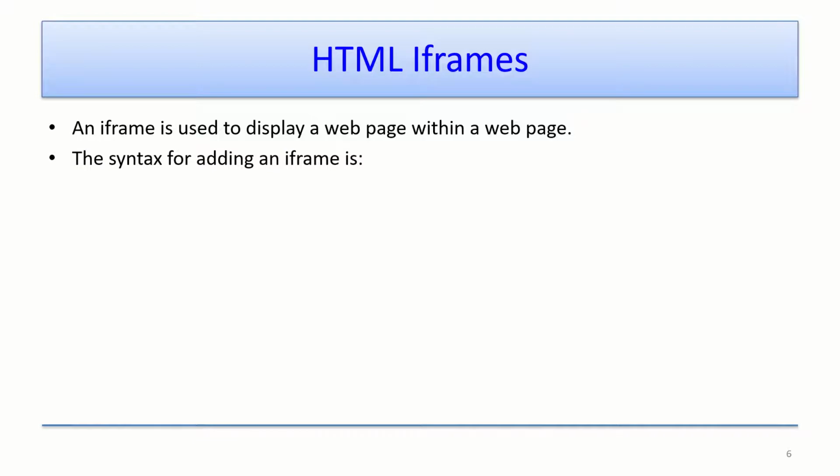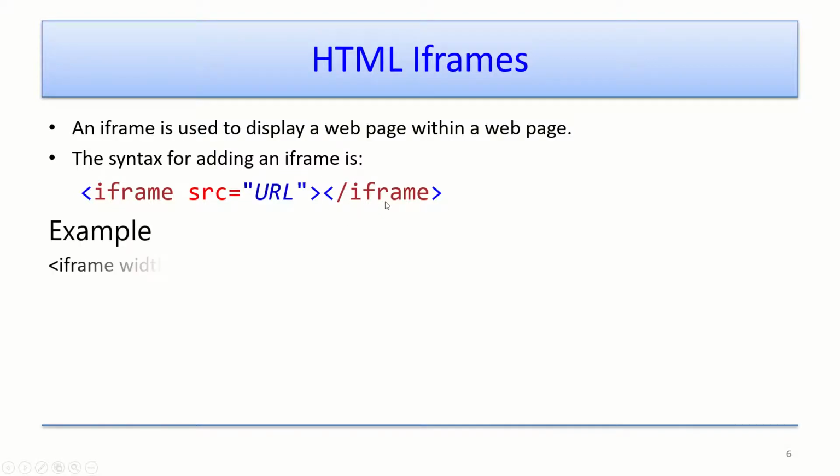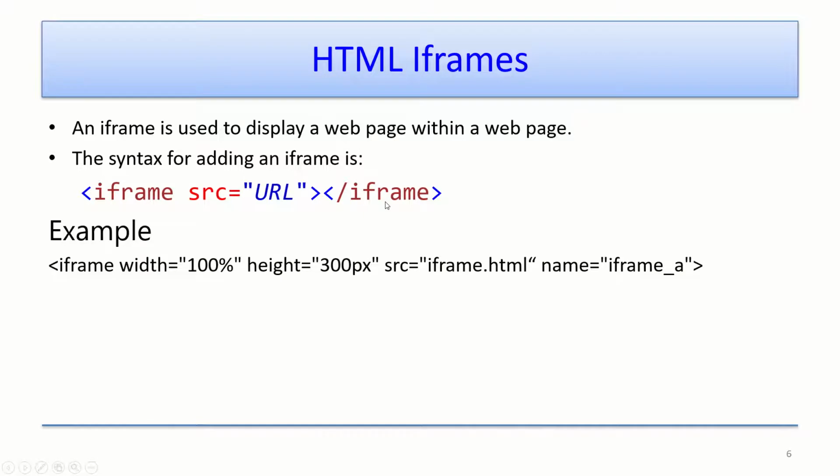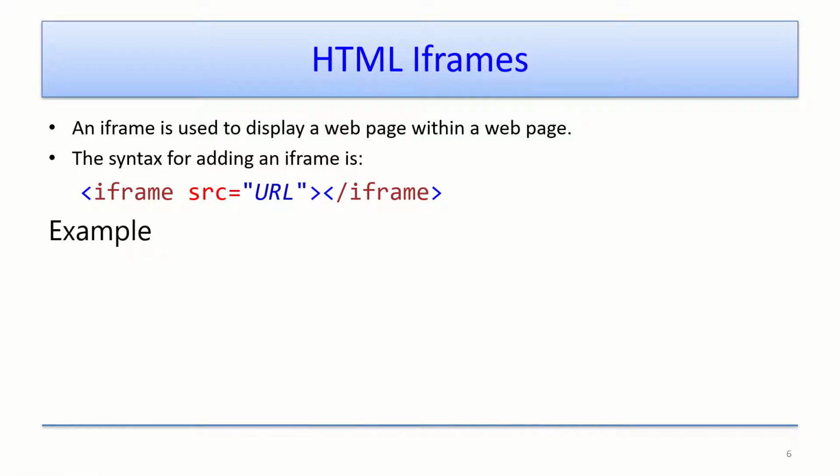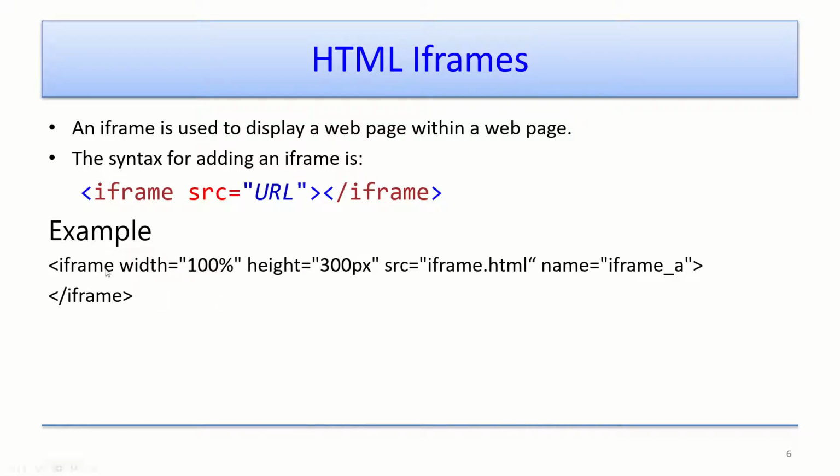All right, so this is the syntax for adding iframes. There's a tag called iframe, and then here we can set the source, and then we have to close the iframe. So for example, in a web page, we can define a particular area with iframe, and then we can set a source.